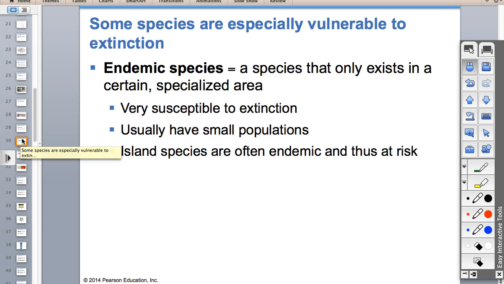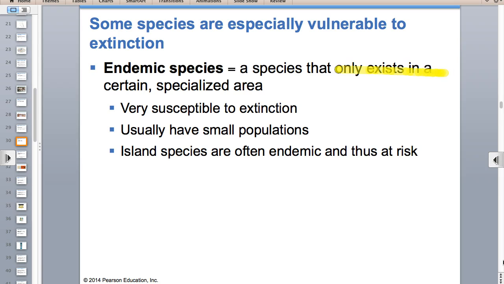An endemic species means that they only live in one little area, like the honey creepers. This makes them very susceptible to extinction. Those honey creepers only live in Hawaii, so if something happens in Hawaii, you have no more honey creepers. They have small populations generally, and island species are generally going to be endemic because allopatric speciation happens.